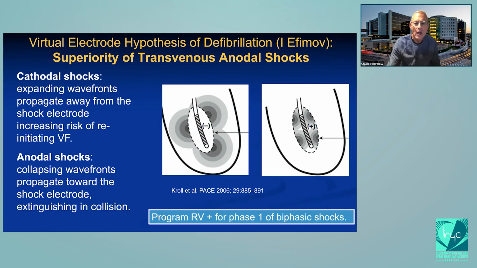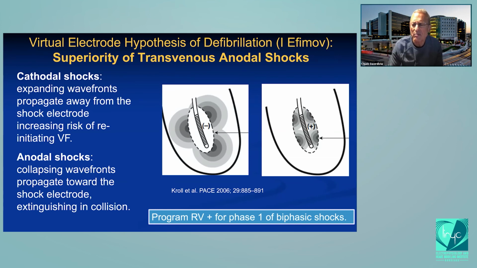Finally, I'd like to make the point that we consider the polarity of shocks. And I suspect Dr. Efimov talked to you about the work he did on the virtual electrode hypothesis of defibrillation.